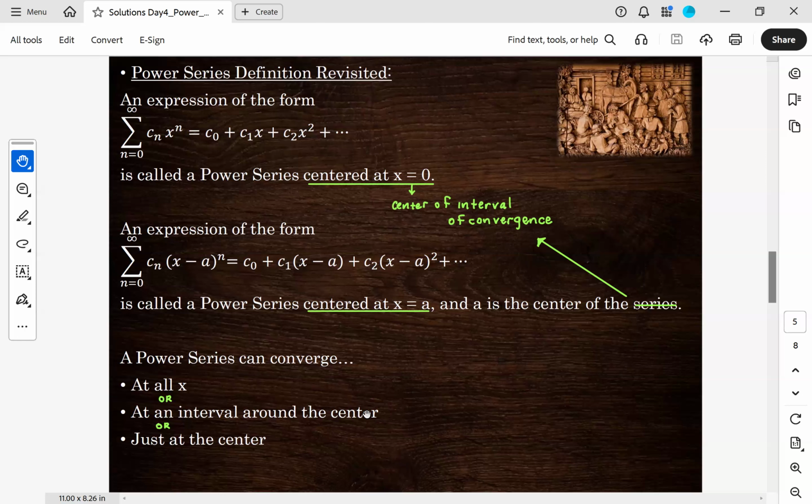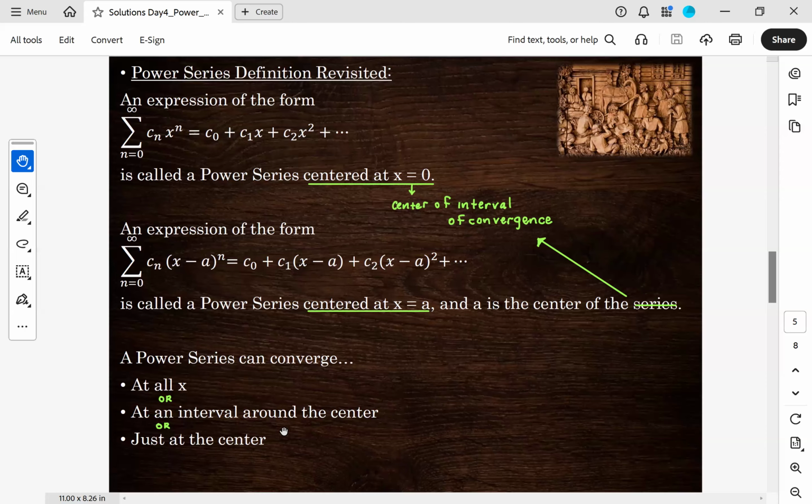But there are some series out there that actually converge for all values of x. Or they might converge at just the center. There's just a single x value where you achieve convergence. Okay? I don't need you to worry about these cases too much right now, but I'm just putting it on your radar as we'll come across it eventually.